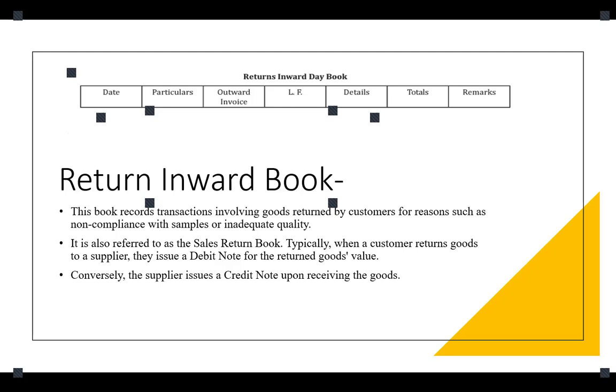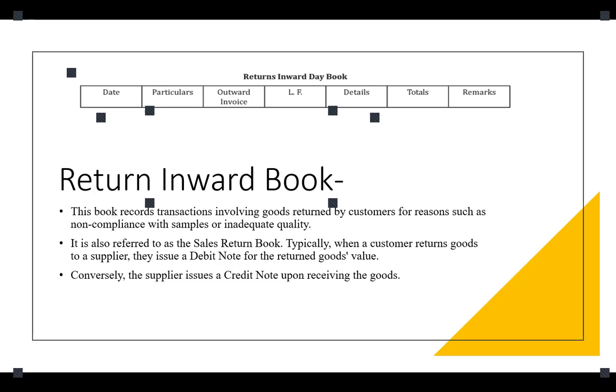This book records transactions involving goods returned by customers for reasons such as non-compliance with the samples or inadequate quality. If this type of scenario occurs in the business, the goods return back to the business, and we need to have a proper record for that. For that purpose, we require a book. That book we call a return inward book, or also a sales return book.